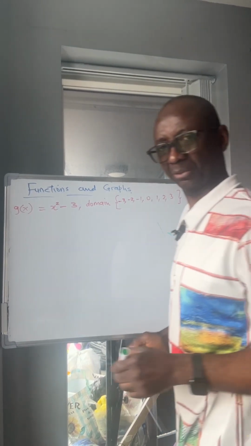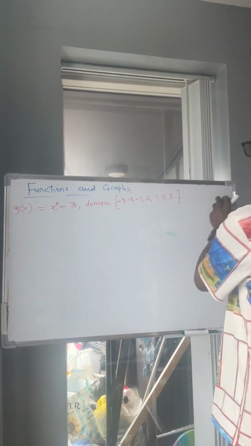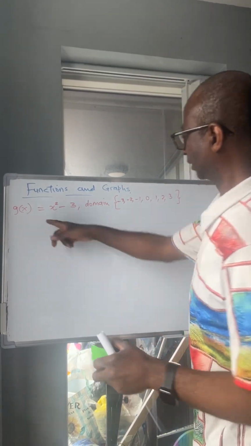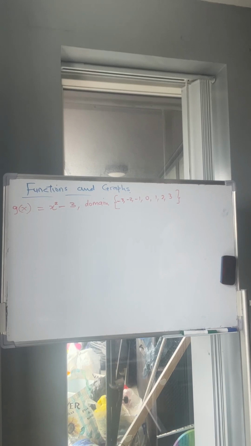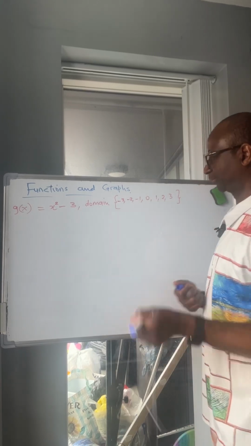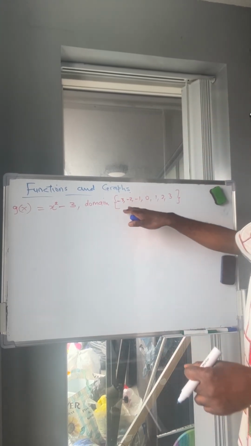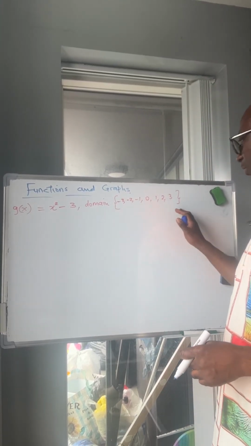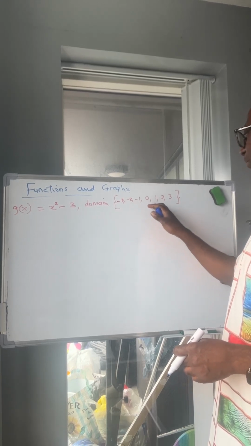We have this problem on the board. g of x equals x squared minus 3, and we are given the domain as minus 3 to plus 3: minus 3, minus 2, minus 1, 0, 1, 2, 3.